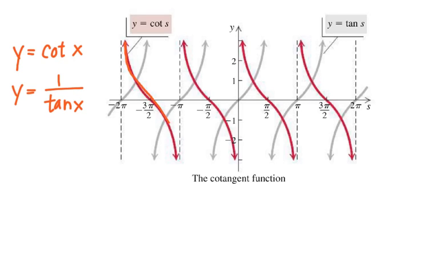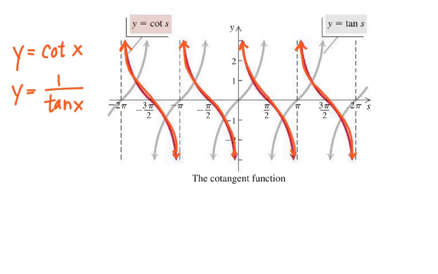And so you can see, these red curves represent cotangent. And what I want you to see is there's a relationship between cotangent and the gray graph, which is tangent. So here's our cotangent function. It still has a period of pi. We have vertical asymptotes at 0, plus 1 pi, plus 2 pi, minus 1 pi, minus 2 pi.